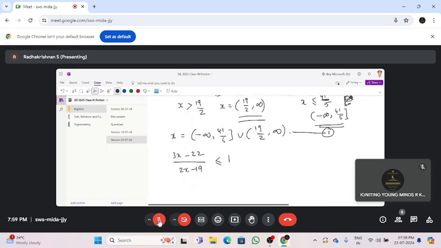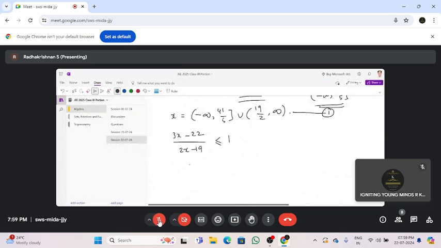Finally, we put greater than or equal to minus 1. Now less than or equal to 1. So here we have to subtract 1.